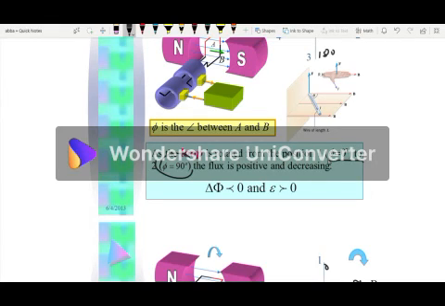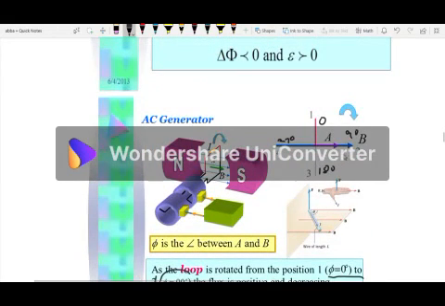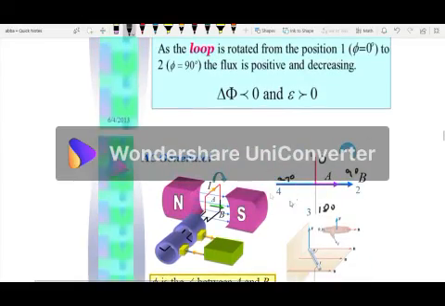Let me verify that. All right, cos of 0 gives us 1. So we have 1, 0, negative 1, and this is presumably going to be 0 and then 1.